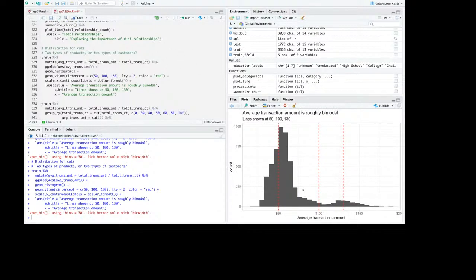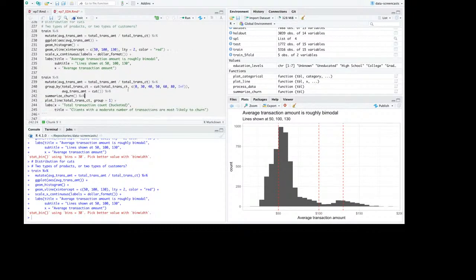All right. The reason I want that division is I wanted to cut it. So I'd say cut 50. It's still running good. So I'd say cut 50, 100, 130, then infinity.